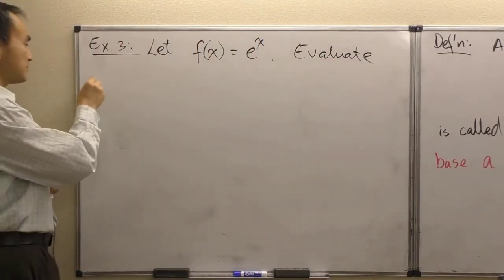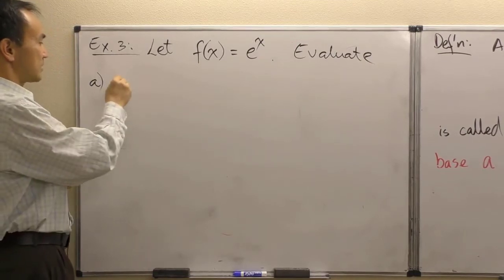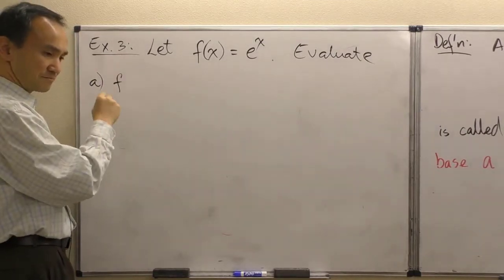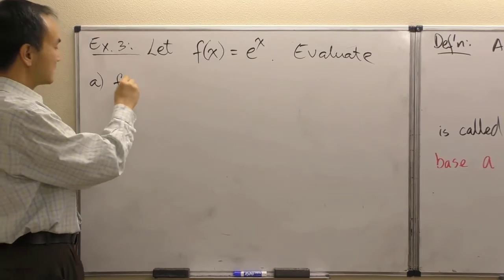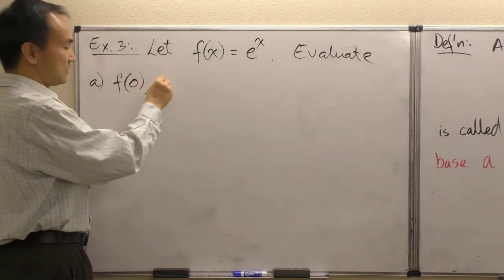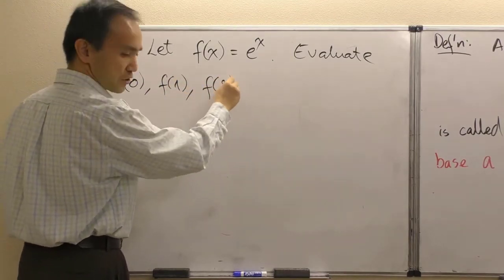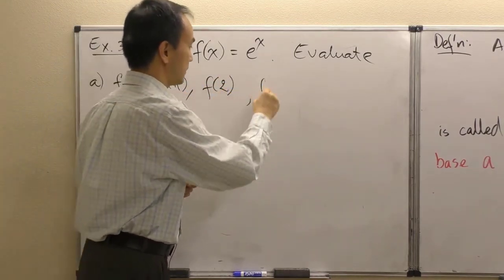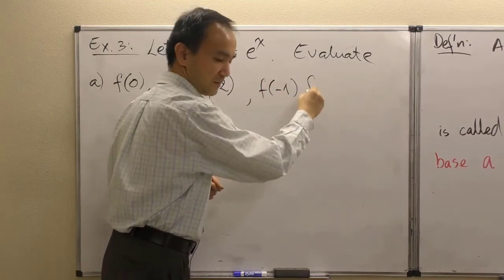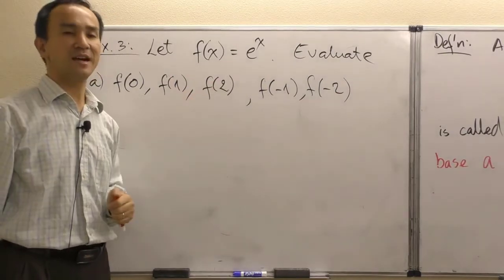Now part A, very similar to example 2 that we've finished. Let's evaluate f of 0, f of 1, f of 2, f of -1, and f of -2. Quite a few tasks being asked here.